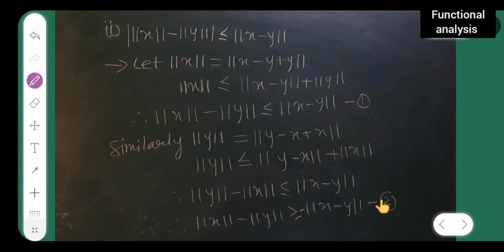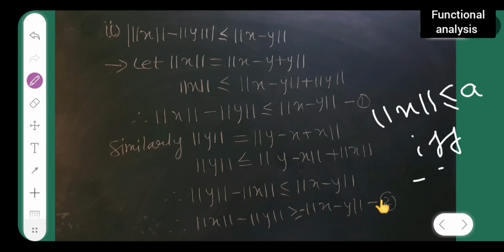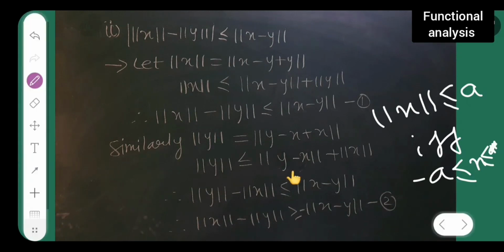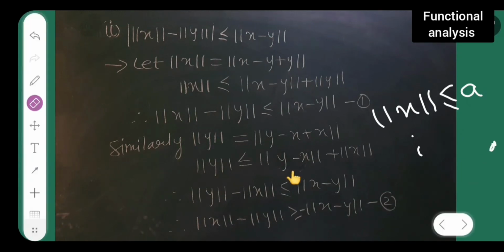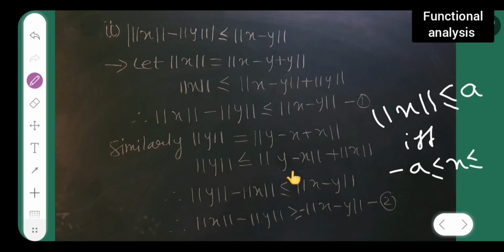Here you'll have to use one formula: suppose I say that ||x|| is less than or equal to a. This happens if and only if −a is less than or equal to x, which is less than or equal to a. So let me write it properly over here: if and only if −a is less than or equal to x less than or equal to positive a.